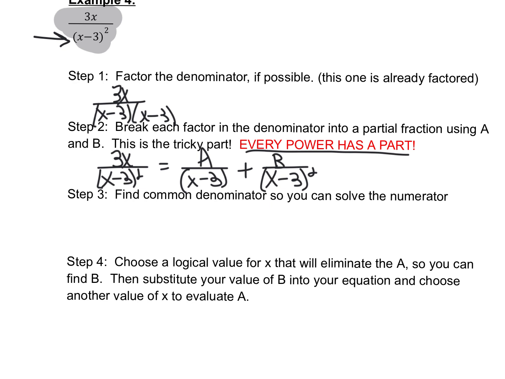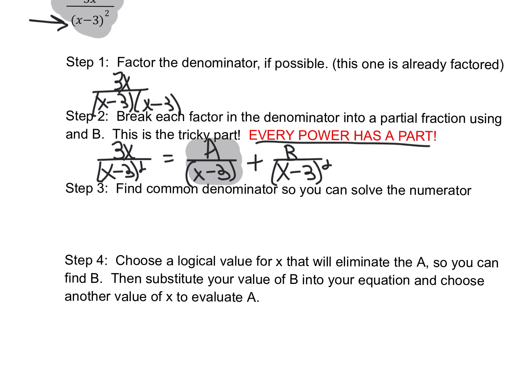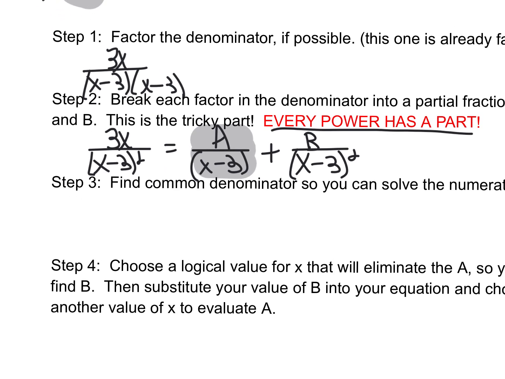Okay, so if we're going to find a common denominator, just like we did, we need to have an x minus 3 and an x minus 3. Looking here, this term is missing an x minus 3, which means we need to multiply the top and the bottom here by x minus 3 so that they all have the same denominator.